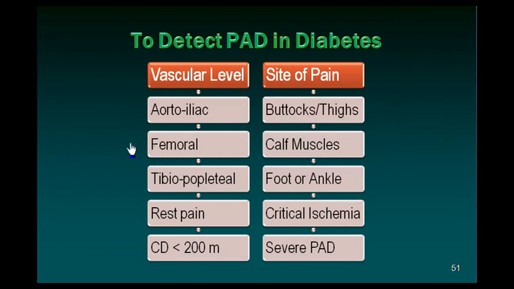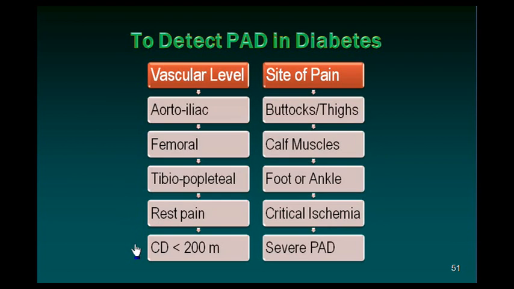That means it is femoral. If the patient complains of foot pain or ankle pain, then the obstruction is at the tibiopopliteal level. Rest pain signifies critical ischemia. Rest pain means the patient has ischemic pain even when he is not walking.